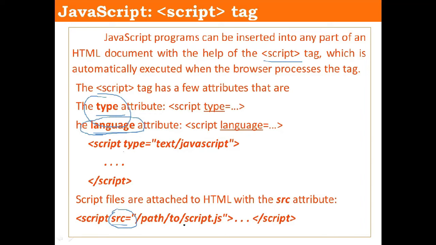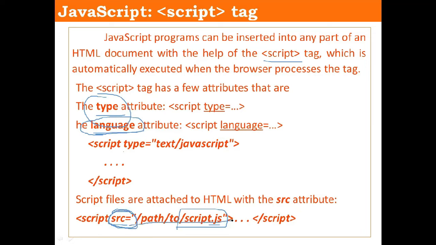We have a script.js file, a JavaScript file with the extension .js, that is written separately, outside the HTML page, and it can be imported in the source attribute. So we can mention the path.